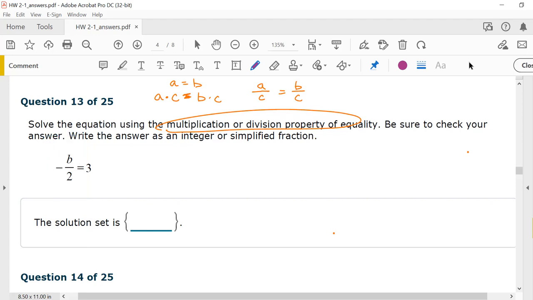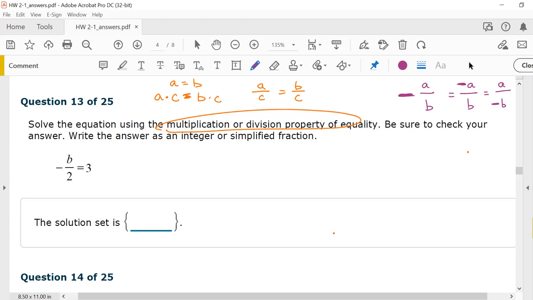When you have a fraction and you know that it's negative, like negative A over B, you can also put that negative up top and say that it's negative A over B, or you could put that negative down in the bottom and say it's A over negative B. What I'm trying to point out is you can either put the negative out front in the numerator or in the denominator.